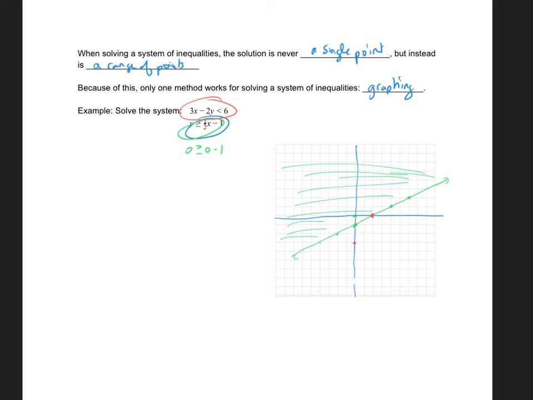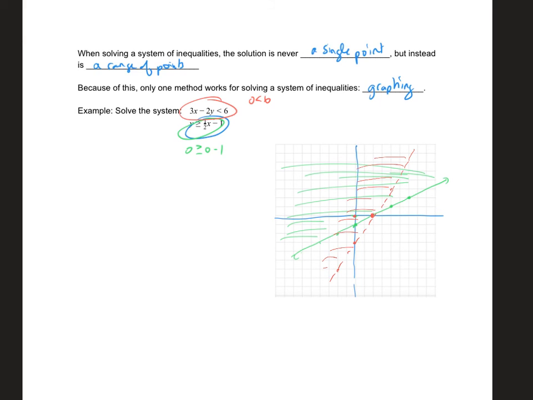This one's dotted, and if you notice I went right 2 and down 3, so I'm going to draw another point just so it's a little easier for me to draw this. Make it dotted. So if I test (0, 0) in that, I get 0 is less than 6. Test point was right here. That's true, so the solutions to that are all here.